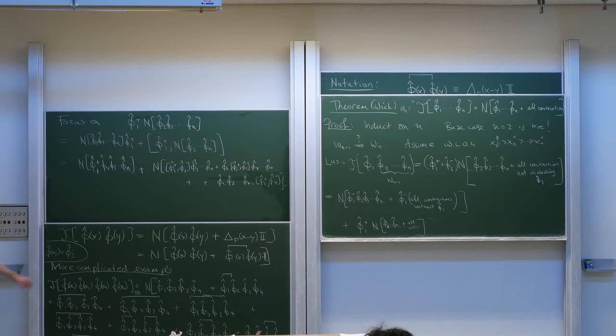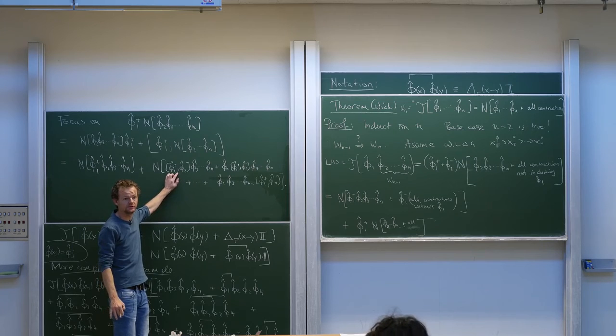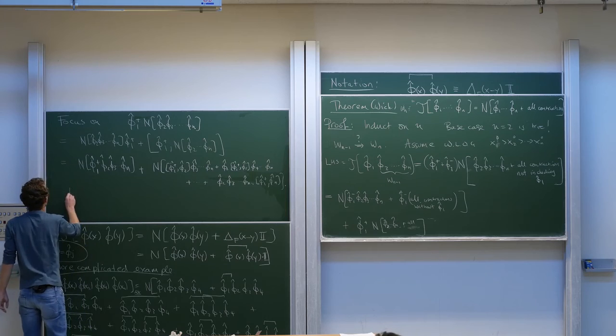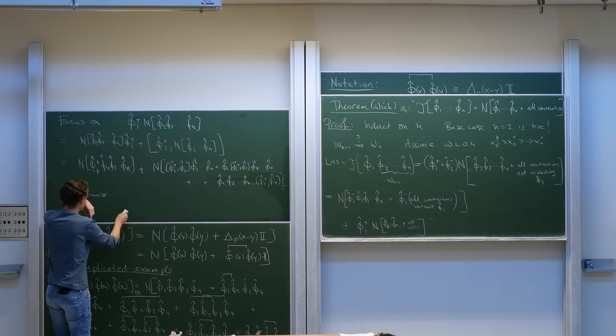And that works because these commutators here are proportional to the identity. If they were not proportional to the identity, what I just wrote here would be wrong. That needs you to think about it for a second.